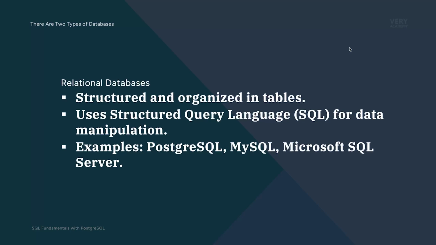So relational databases are the most commonly used type, especially in business applications. They can store data in a structured format using tables, rows, and columns. So these databases follow a very strict schema and use the SQL language, structured query language, for querying and managing data. Examples of a relational database include Postgres, MySQL, and Microsoft SQL Server.